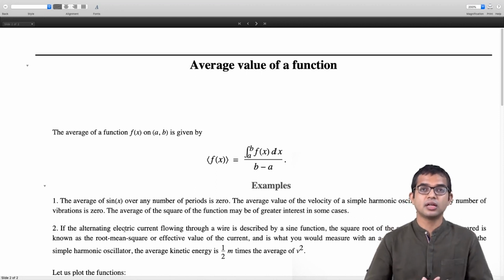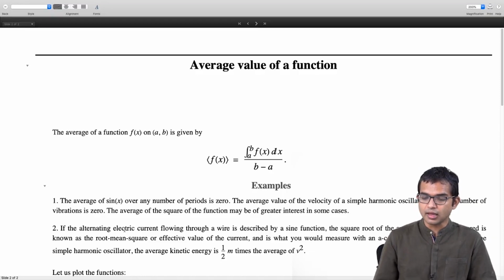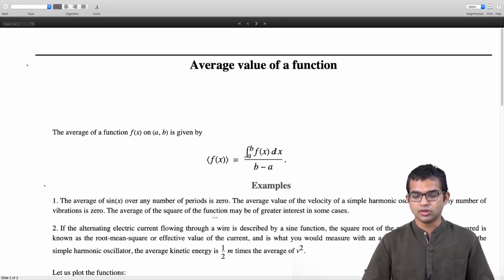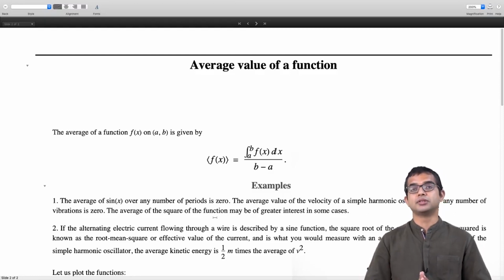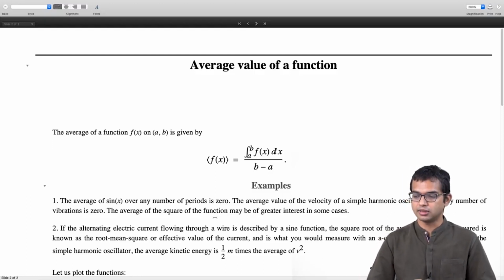The current can do things for you, which means that it's not just a 0 object. So a more useful quantity to measure the current is in fact the root mean square or effective value of the current, which is what you would measure if you took an AC ammeter.